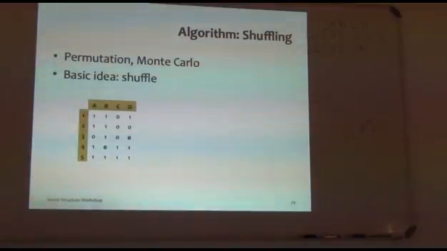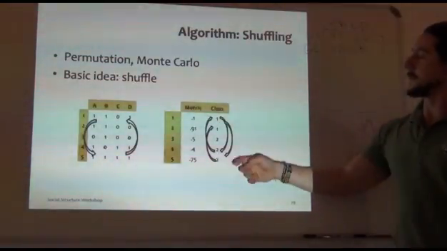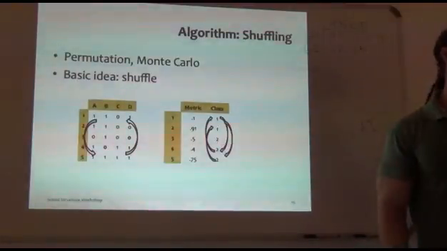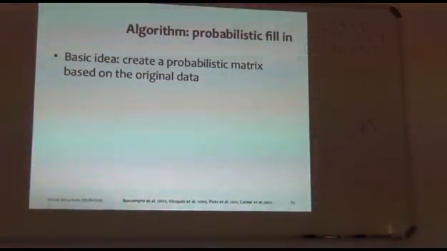That's the same as permutation and Monte Carlo. The basic idea is just shuffling your matrix. We can use the same idea to shuffle the classes among nodes. And the third way of doing it is a little bit different, and it's based on a probability matrix.